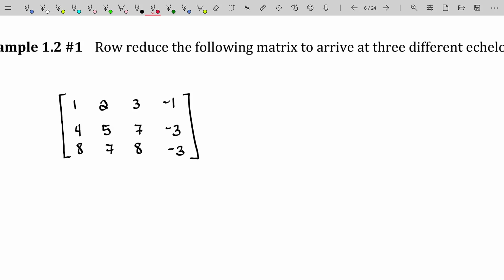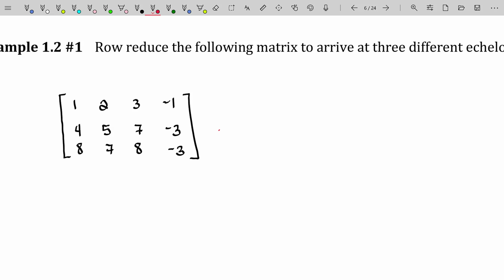In other words, don't do a row interchange and a row replacement simultaneously. But you are more than welcome to do multiple row replacements at once, as long as they're replacing in the same column. As long as the point is that you're killing things off in the same column, you could do multiple row replacements in the same step.